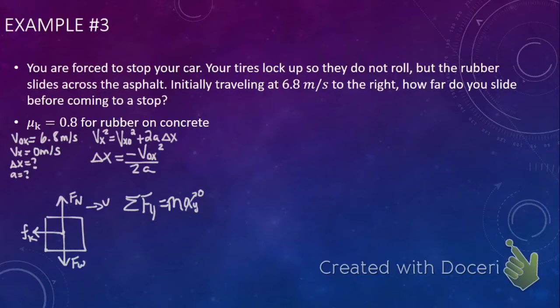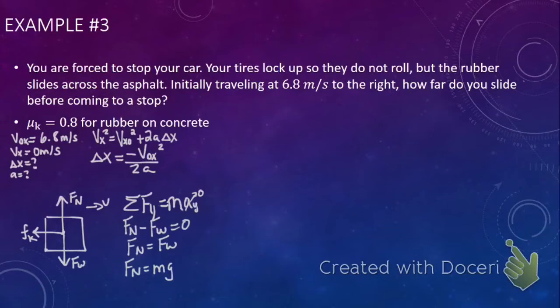All right. Our y terms are our normal force up being positive, our weight down, which is negative, is equal to 0. So our normal force is equal to our weight. And remember that our weight is equal to m times g. So our normal force is equal to mg in this particular case. So that's what's going on in the y direction.